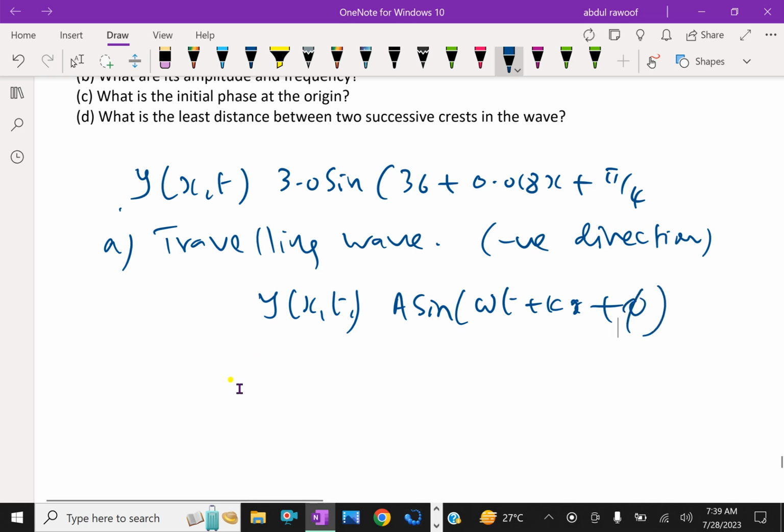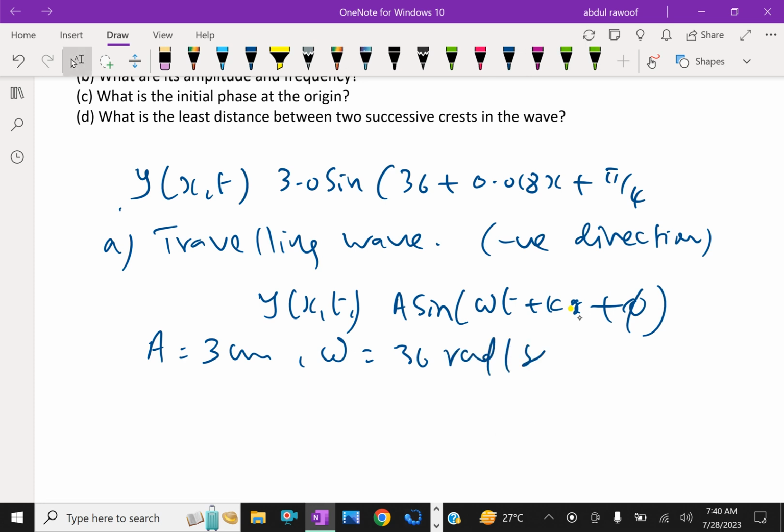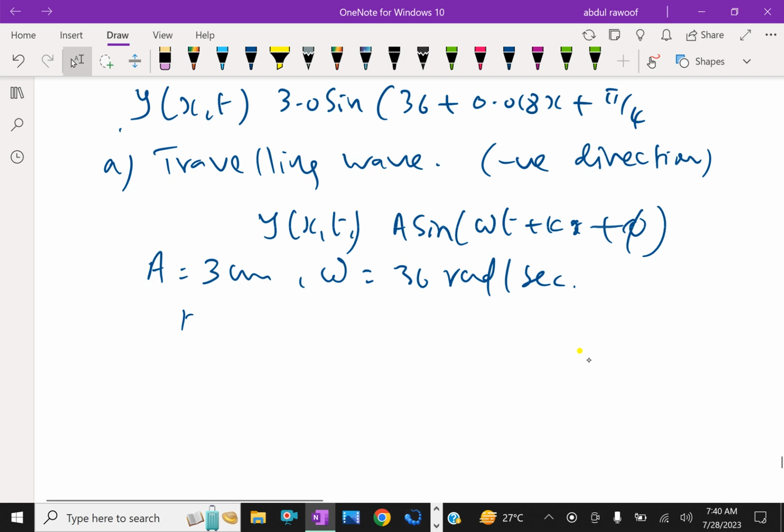And here A is the amplitude, A equal 3 centimeter, then comparing this, omega equal 36 radian per second, and k equal 0.018 per centimeter, and phi, the phase angle, is pi by 4.